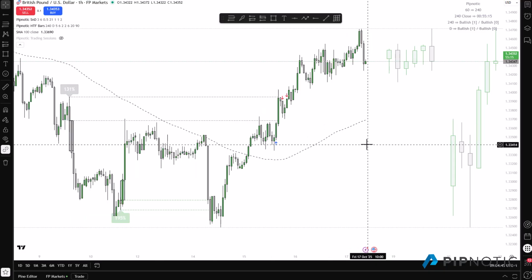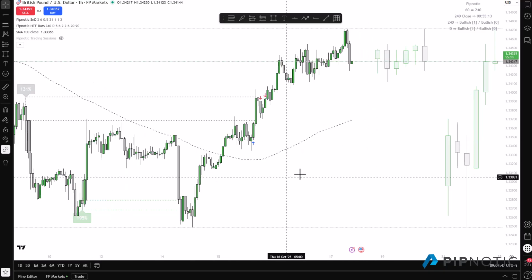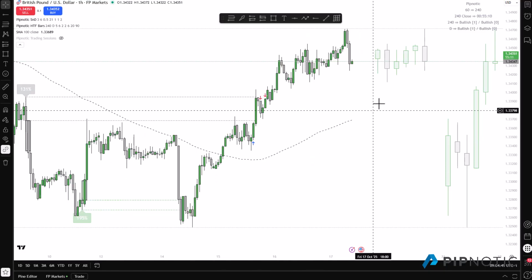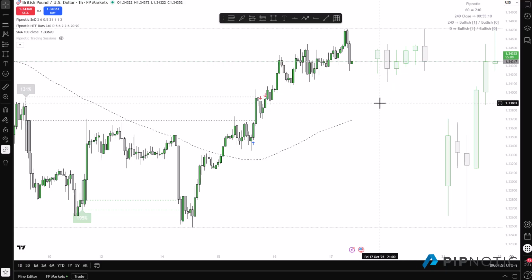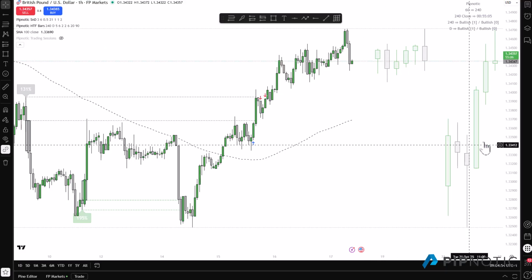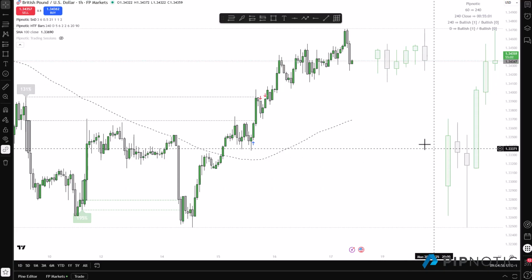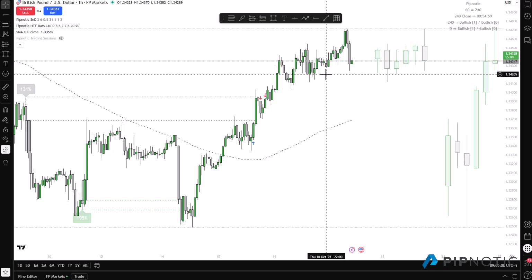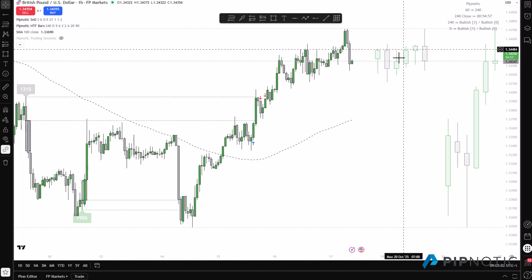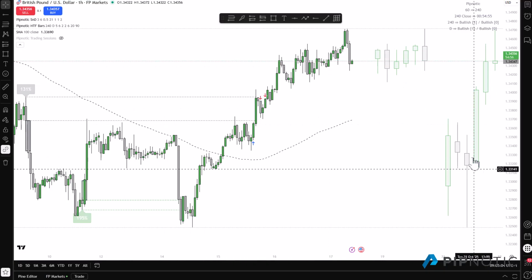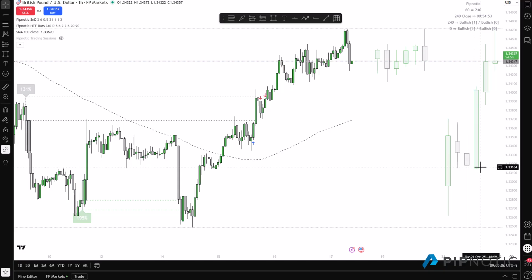And this is a nice tool because it enables you to look at one chart, the hourly, yet see two different time frames on the same chart. So here we have the 4 hour and here we have the daily. And so I can see very clearly what's going on on the current time frame, but also the medium time frame and the longer time frame, as you can see just here. So you can go ahead and grab that if you fancy.